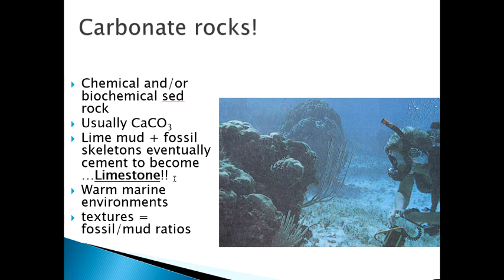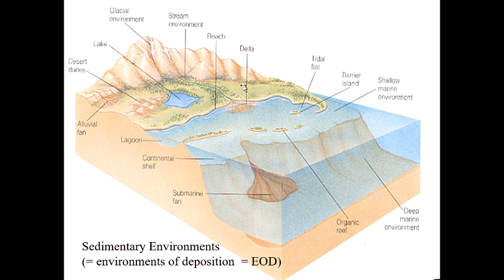Incidentally, the bedrock below our feet here in Wisconsin is almost all, it's hundreds of feet, a couple thousand feet of warm marine environment limestone. Back to the environment things again. These different rock types can be deposited in these different environments, some more prominent than others. Limestone in the oceans, coals up here in swampy wetlands, that kind of thing.